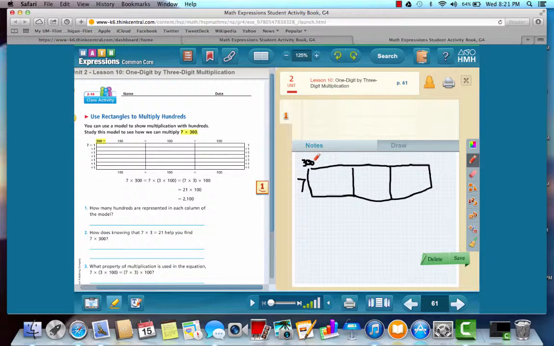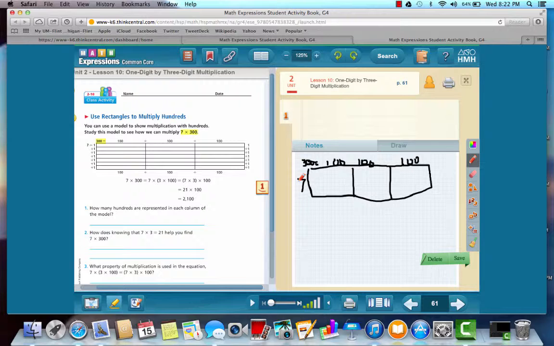But they're going to break that 300 up into three 100 columns. So this is a 100 column. There's a 100 here. This is a 100 here. And this is 100 here. So they have that up here. These three 100, and like I said, think of it as three $100 bills. And then each of these are going to be multiplied by 7.